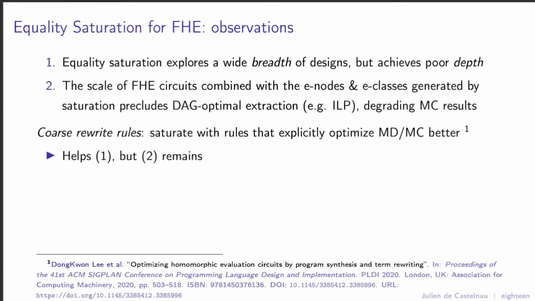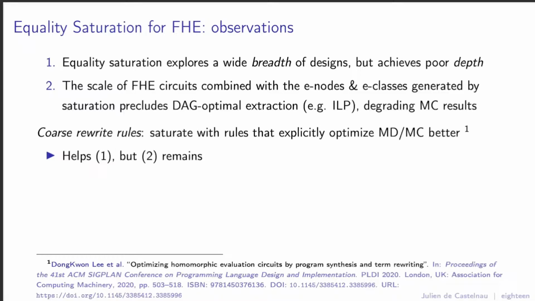One strategy we can use to help is to use coarser rewrite rules that, instead of manipulating individual expressions like with distributivity, replace larger chunks of the circuit at a time. For example, the rules synthesized by a prior work on rewriting FHE circuits to reduce multiplicative depth.